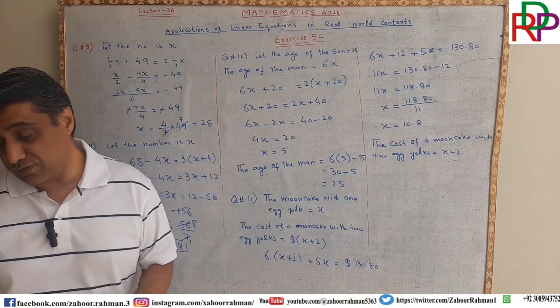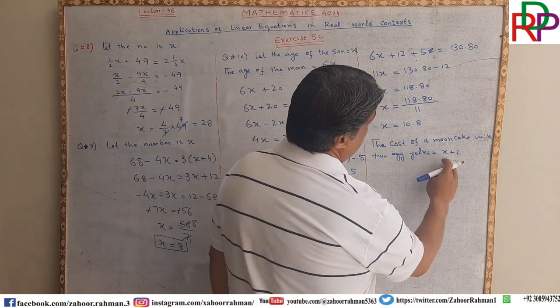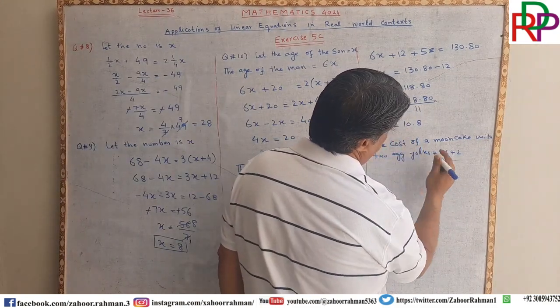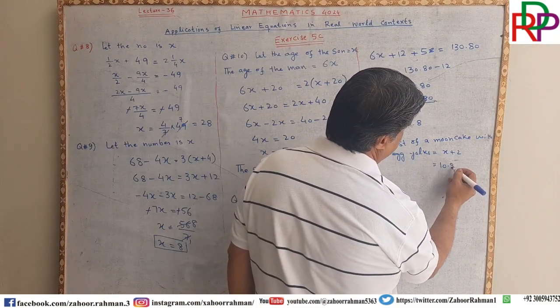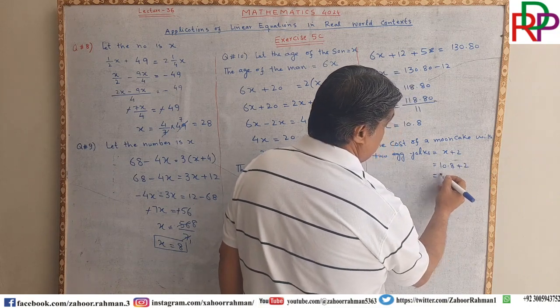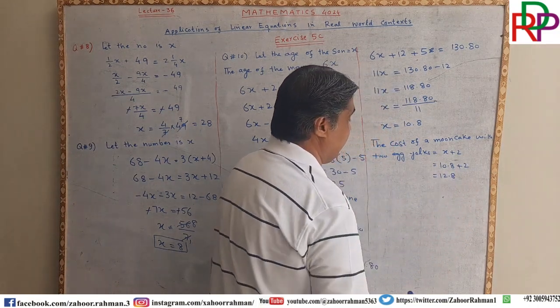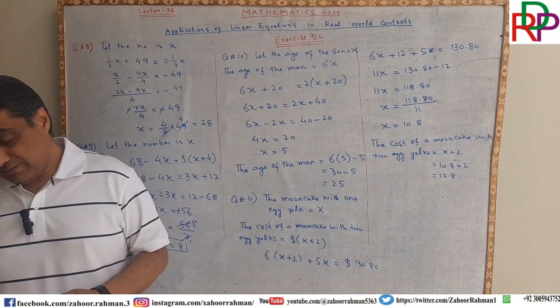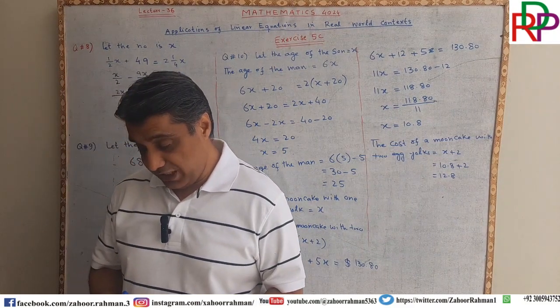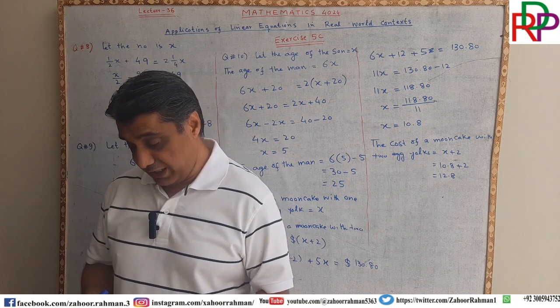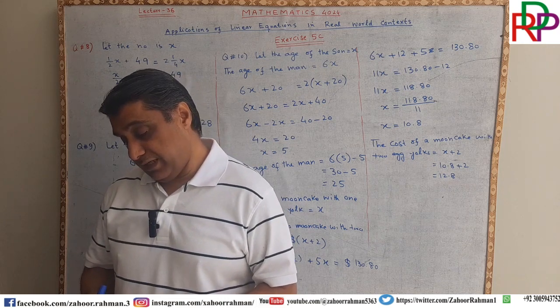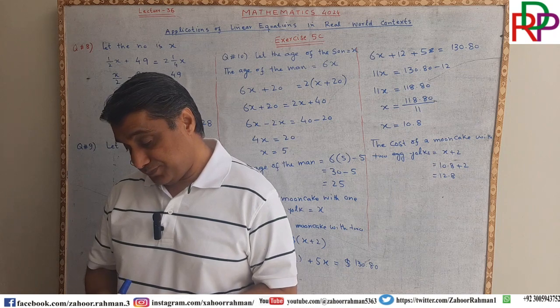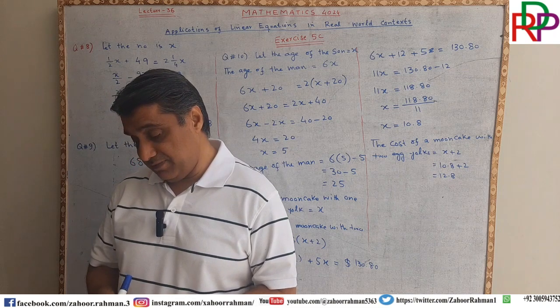So now we have to write the value of x, which we found, 10.8 plus 2. So $12.8 is the cost of a moon cake with 2 egg yolks. Okay, that is the ultimate answer.